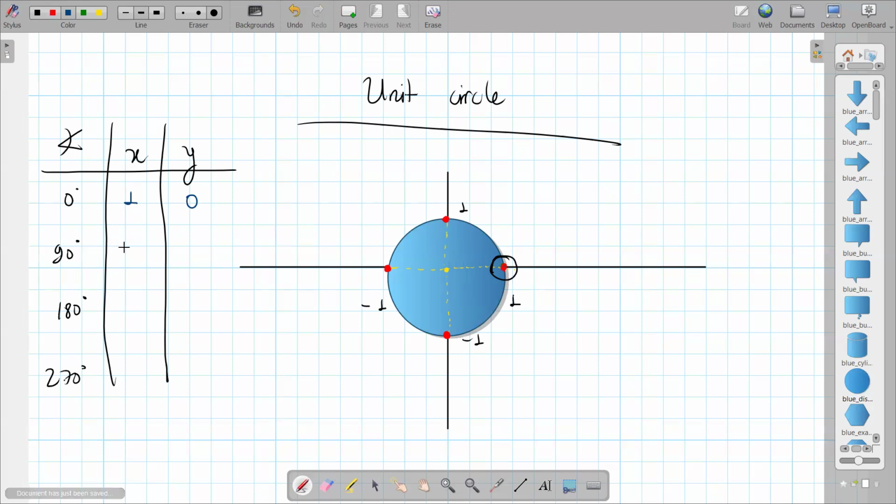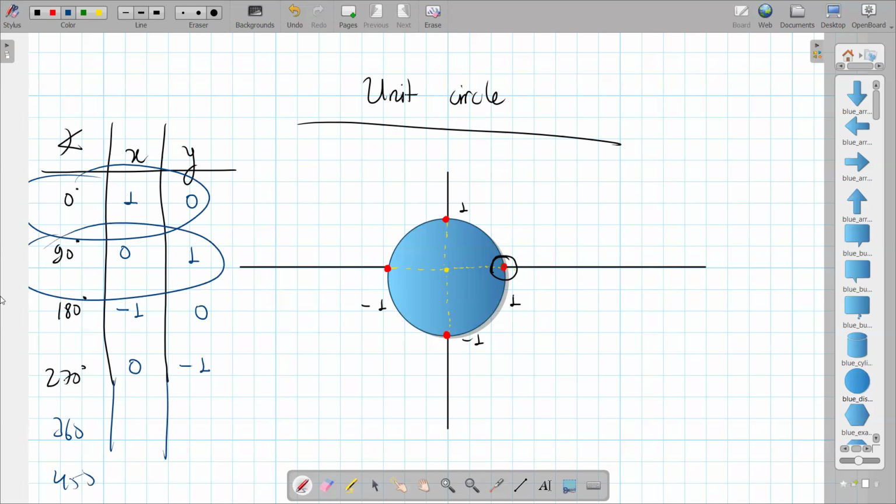Okay, what about 90? It's just flipped: 0, 1. What about 180? It'll be -1, 0. What about 270? 0, -1. And then it loops, right? So 360 is going to be the same thing here. 450 will be the same thing here.